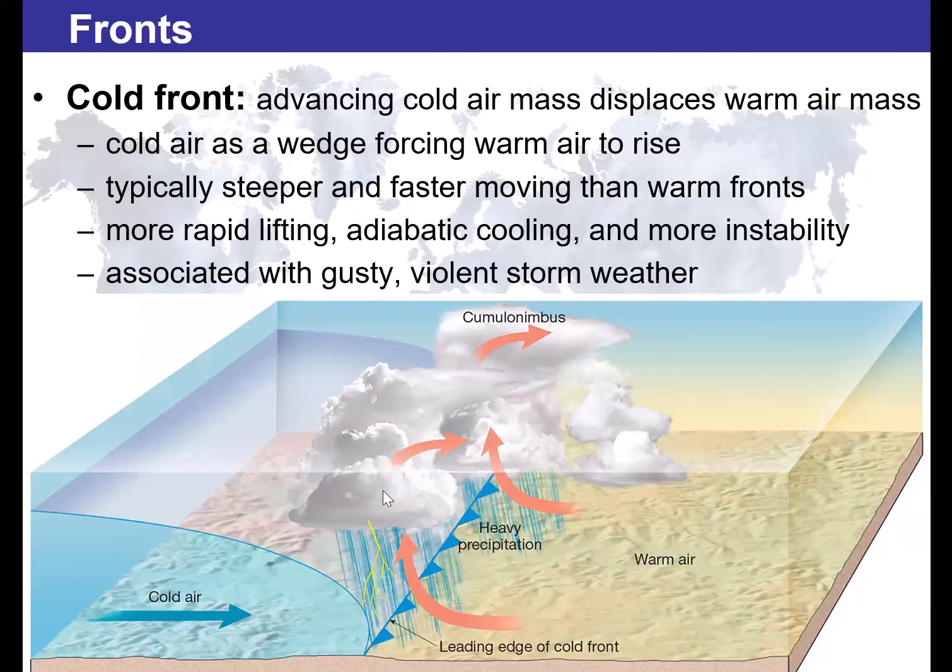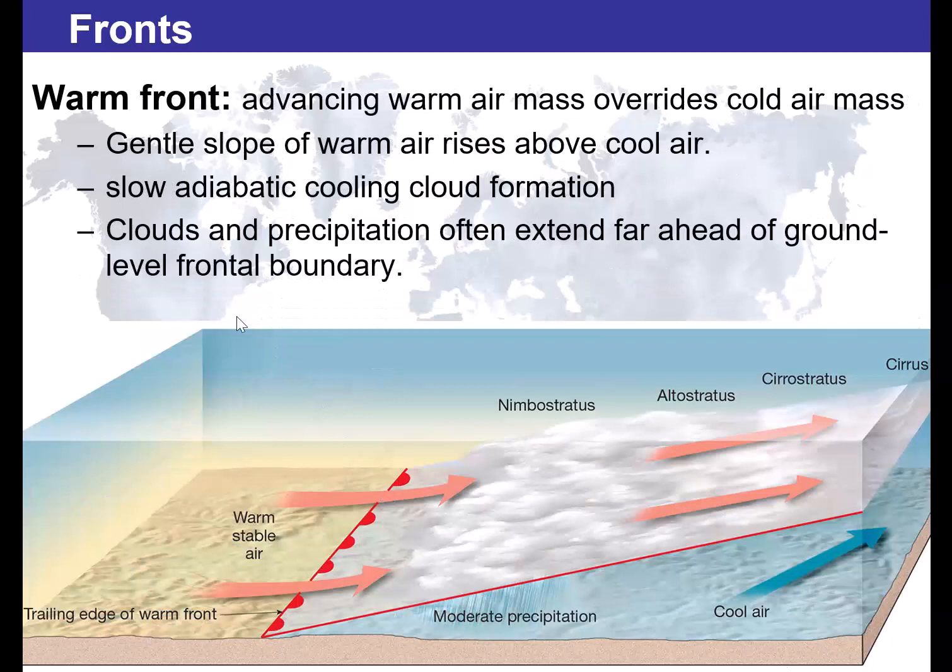So on the other hand, a warm front is an advancing warm air mass that overrides the cold air mass. When you compare it to the cold front, the warm air mass is a gentle slope of warm air that rises above the cool air. So again, diving down into this diagram, you can see that the cool air is hanging out underneath the warm air.